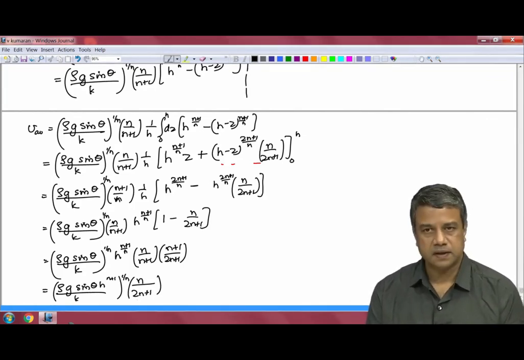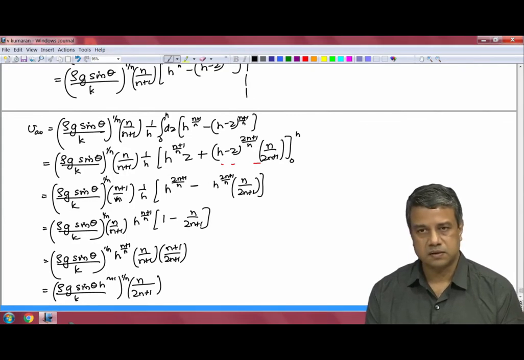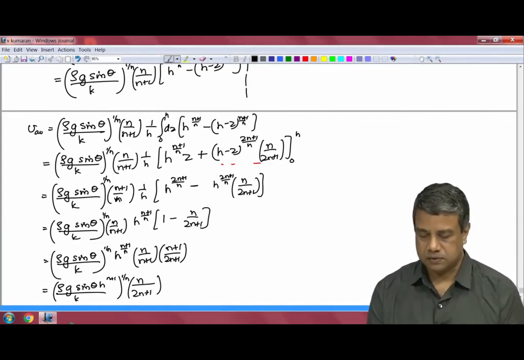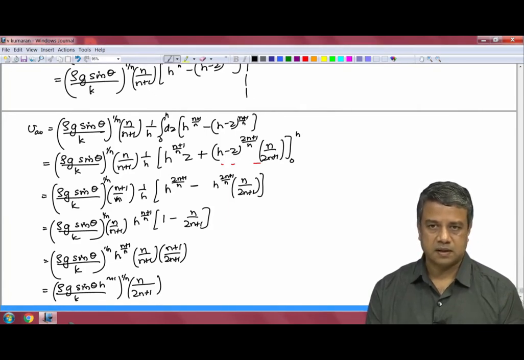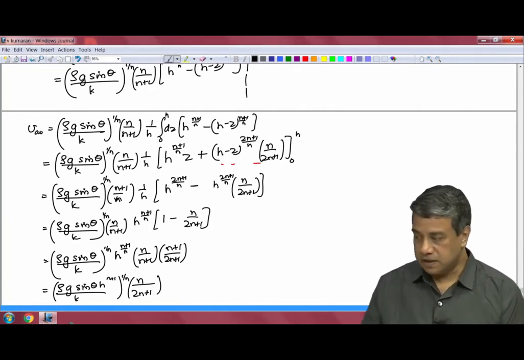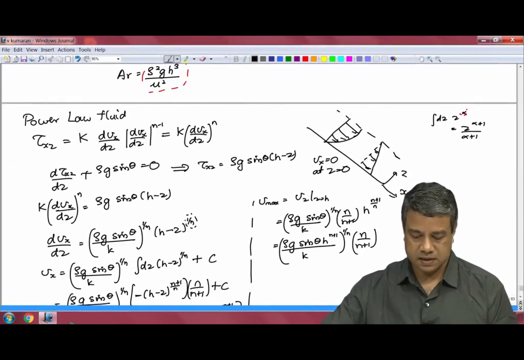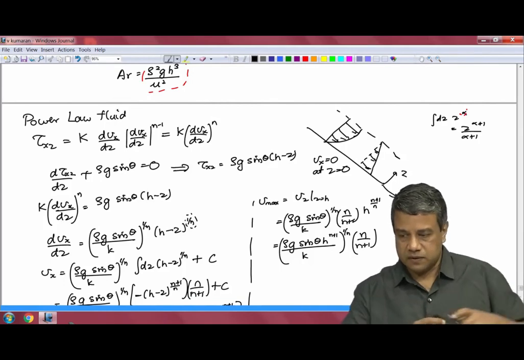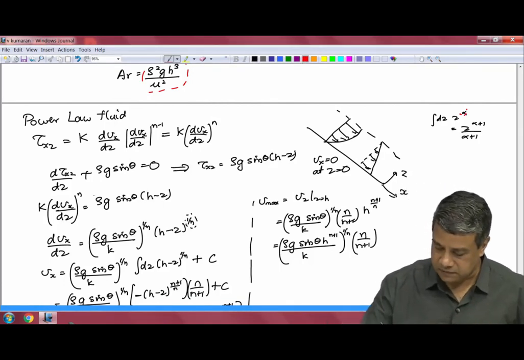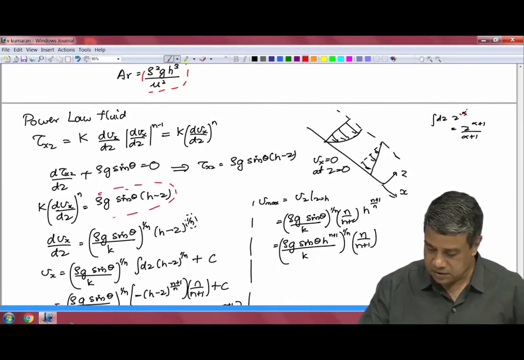And you can verify that for n is equal to 1, this reduces to what we had calculated for a Newtonian fluid. So, these are simple ways in which we can calculate the velocity profile. If the body force is a constant, you know that the stress is a linear function, and then you just use the constitutive relation in order to find out what is the velocity profile.